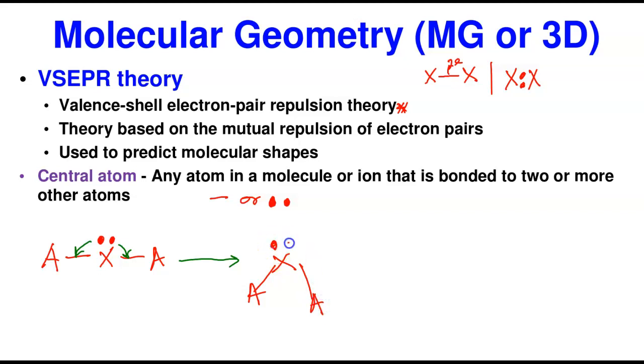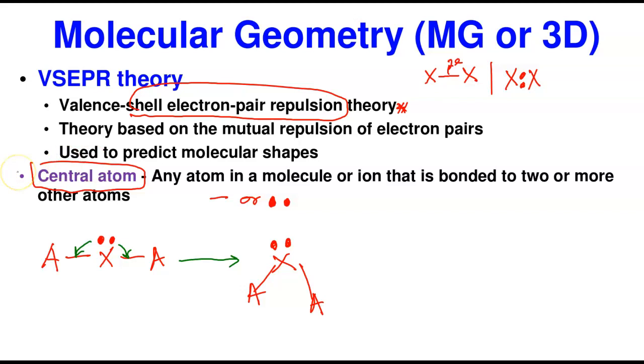Because this electron pair has so much power that it has pushed these other peripheral bonds away, the shape of this molecule will now look different. So this is exactly what we mean by valence shell electron pair repulsion. These electrons will repel each other so that they maximize their separation from each other. And that maximization of distance is what gives the overall three-dimensional shape of molecules. And of course, this happens around the central atom.